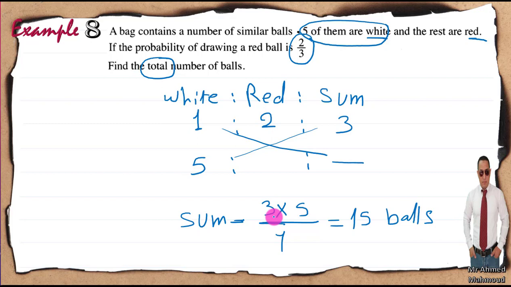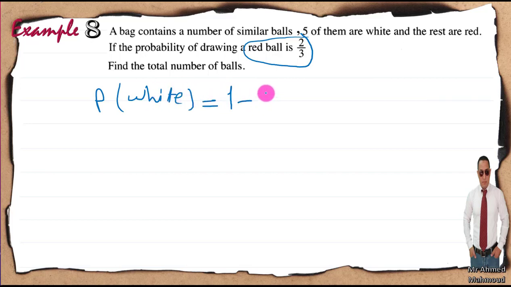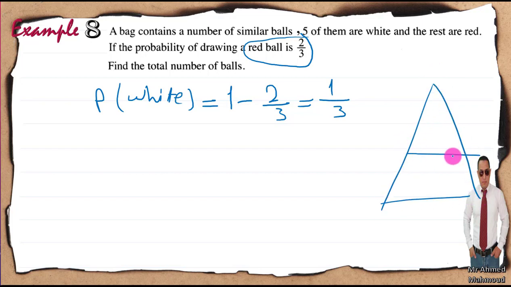This is the first way. I can solve this one another way. How come? Now we have the probability of red equals 2 over 3, so I find the probability of white equals 1 minus 2 over 3 equals 1 over 3. Remember the magic triangle with probability, number, total.